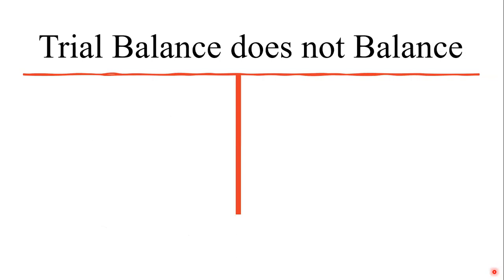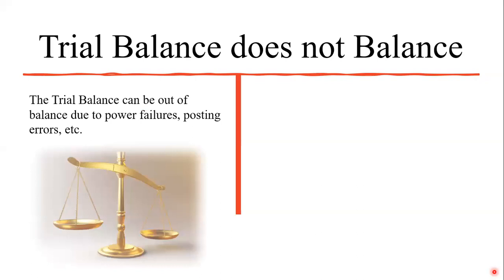Okay, so what do we do if the trial balance does not balance? And this can happen. This used to be a huge problem back in the day when systems weren't so sophisticated, and the biggest problem was when the system went down due to power failures, and also human error crept in when people were posting errors, and these all resulted in imbalances.